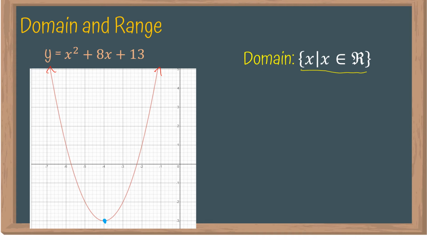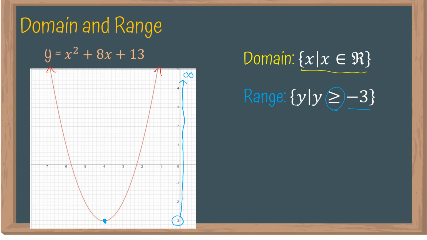Tingnan natin saan siya nakatapat, and that will be negative 3. Since we can see that our parabola opens upward, it will be all values going up to positive infinity. Okay? So with this one, we can say that the range of this function will be all values greater than or equal to negative 3.